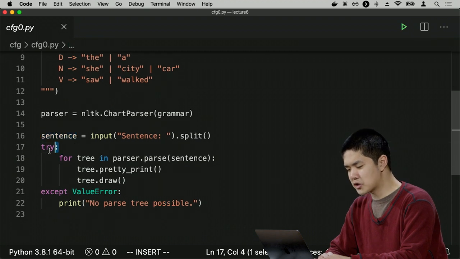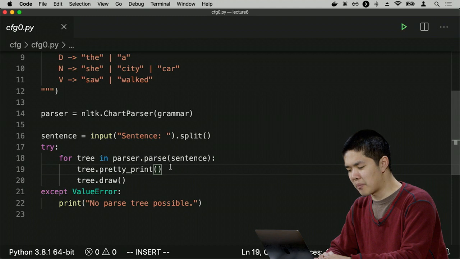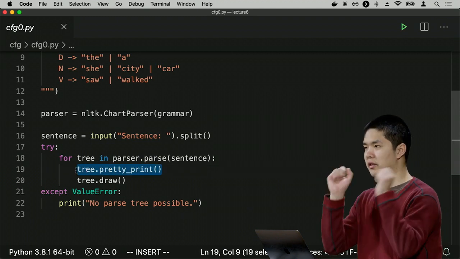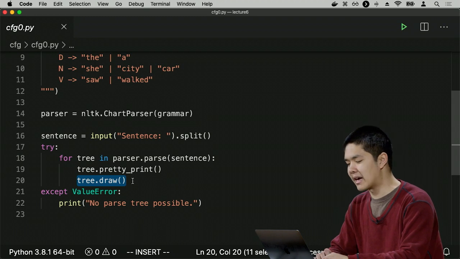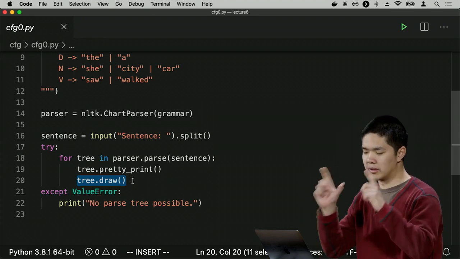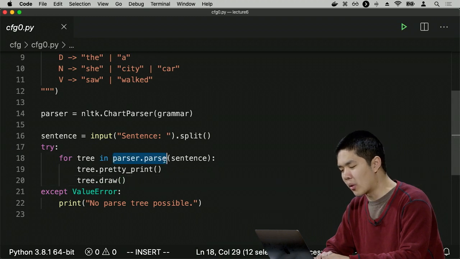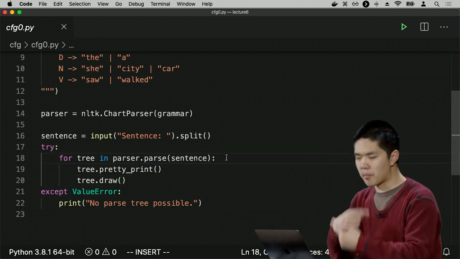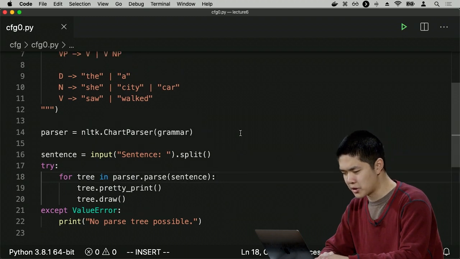And then we'll go ahead and try to parse the sentence. For each sentence we parse, we're going to pretty print it to the screen just so it displays in my terminal. And we're also going to draw it. It turns out that NLTK has some graphics capacity, so we can really visually see what that tree looks like as well. And there are multiple different ways a sentence might be parsed, which is why we're putting it inside of this for loop. And we'll see why that can be helpful in a moment too.